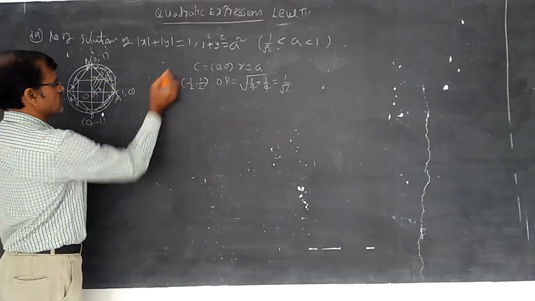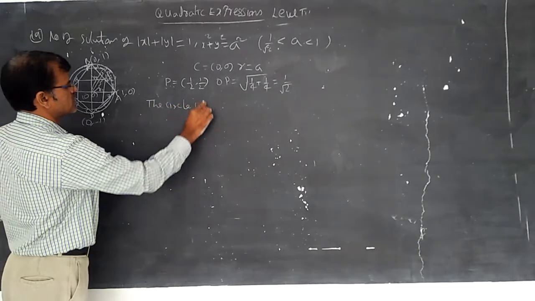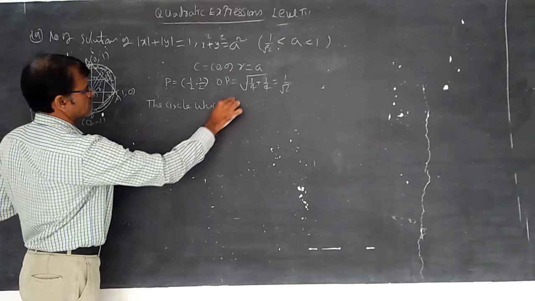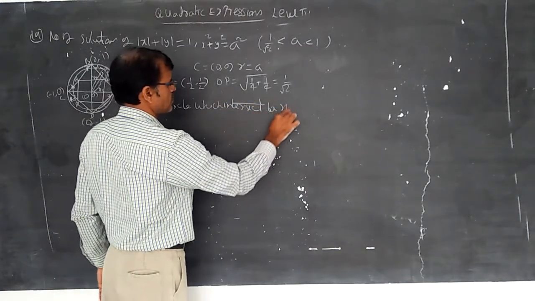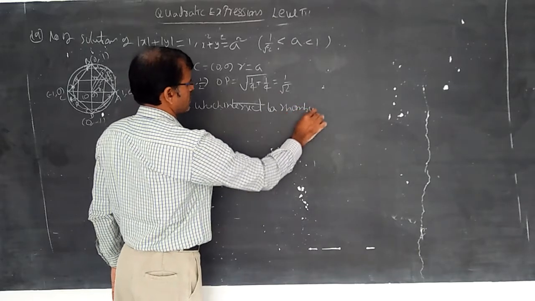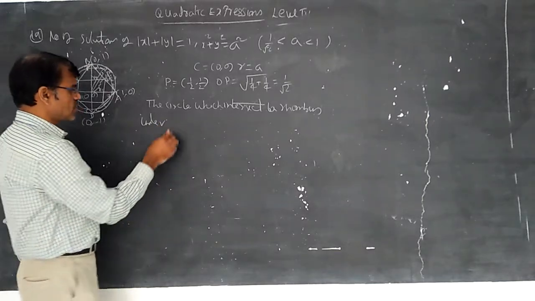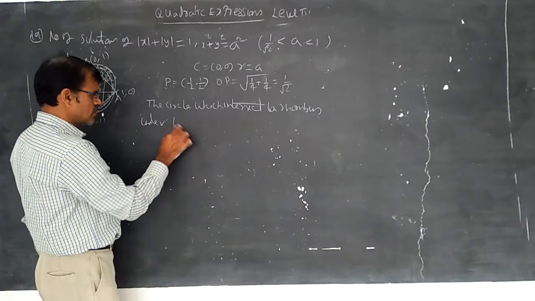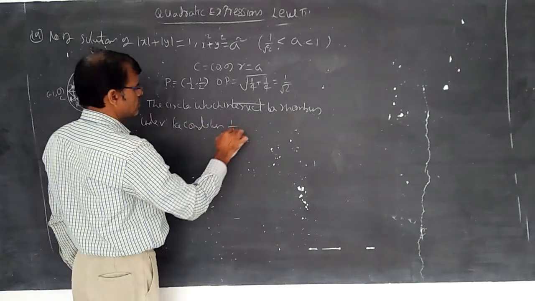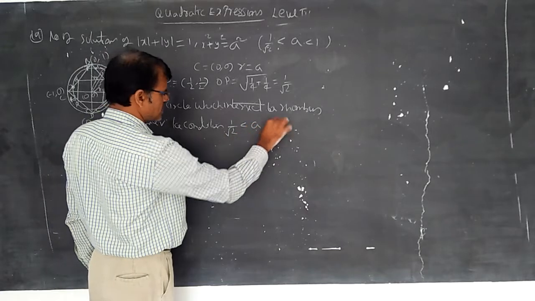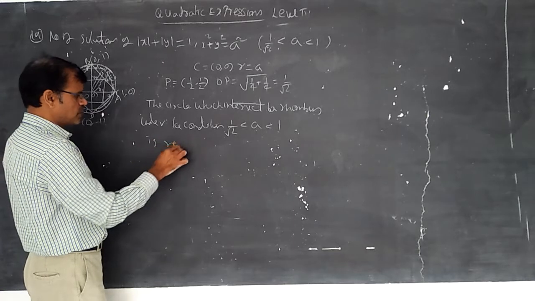So r1, the circle which intersects the rhombus under the condition 1 by root 2 less than a less than 1, is the required circle.